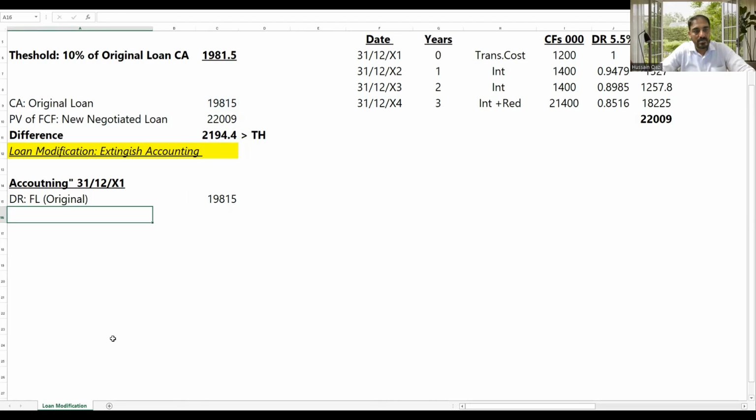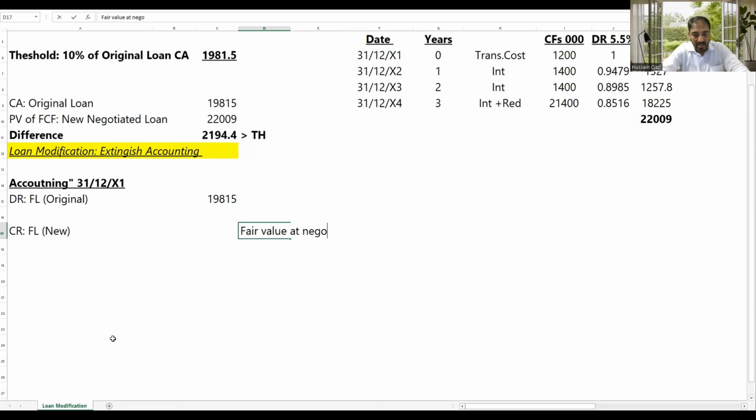Debit. And credit the financial liability with the new one at fair value. Fair value at negotiation date.